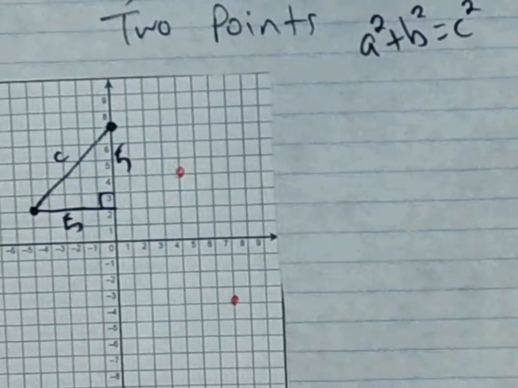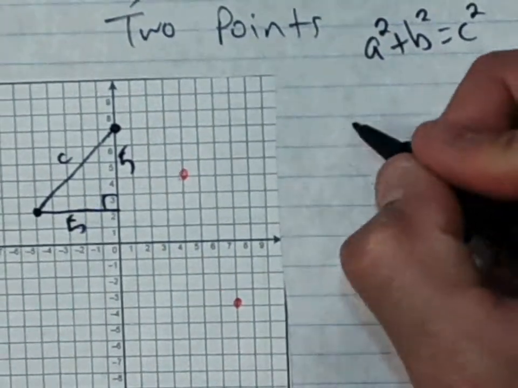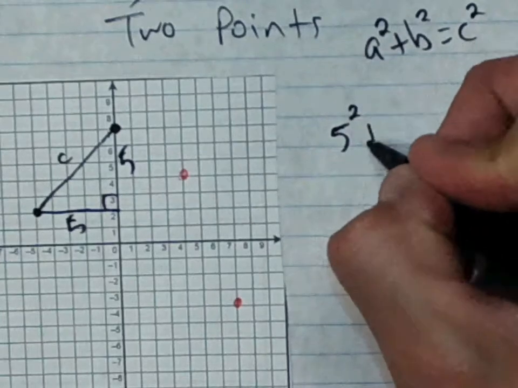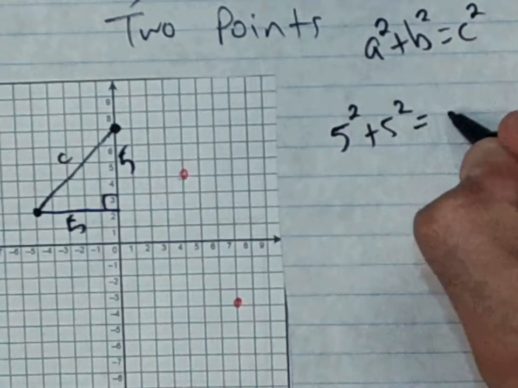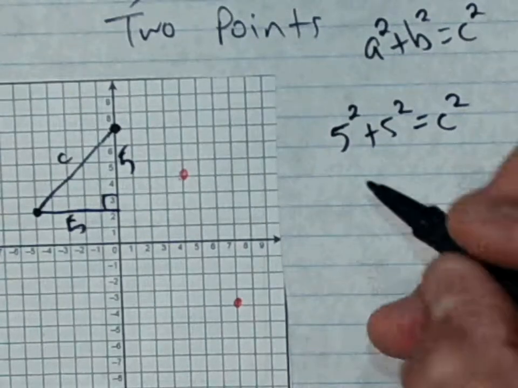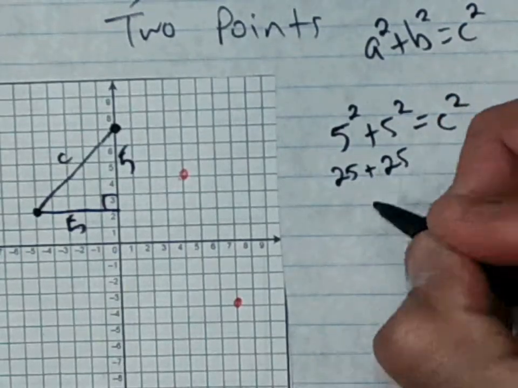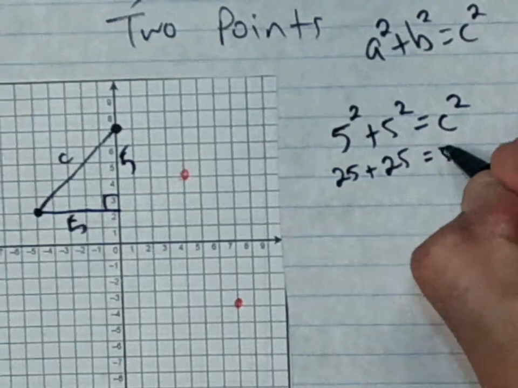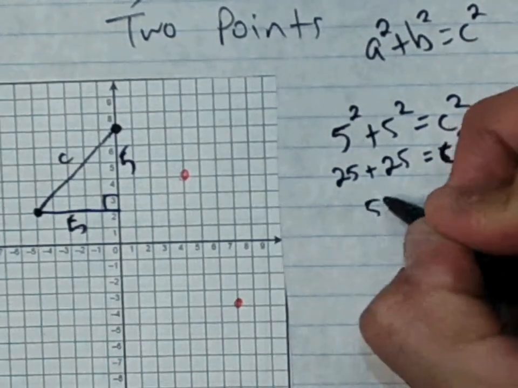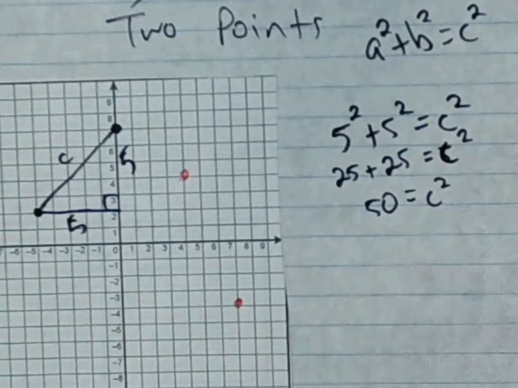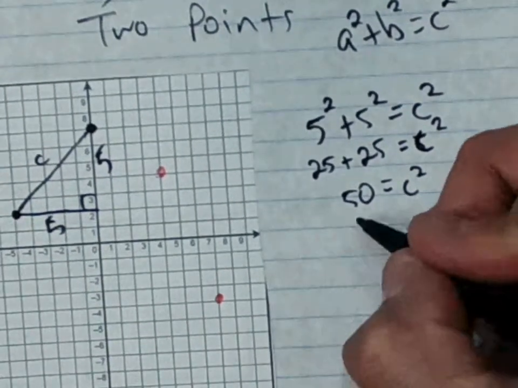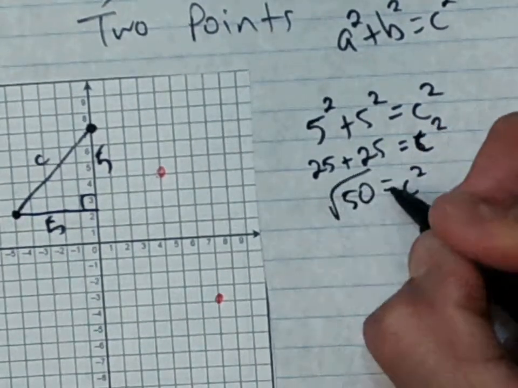So off to the side, I'm going to do 5 squared plus 5 squared equals c squared. I know that 5 squared is 25, and 25 plus 25 is going to be 50. So now I'm going to unsquare them by square rooting.